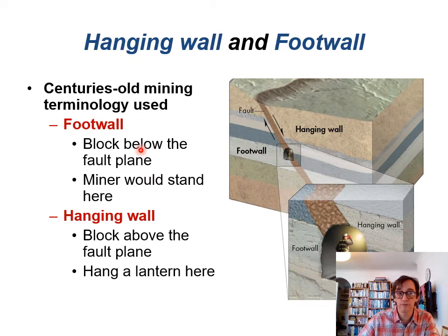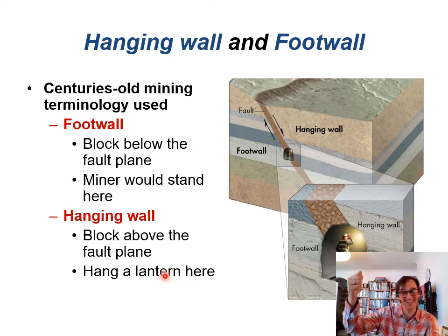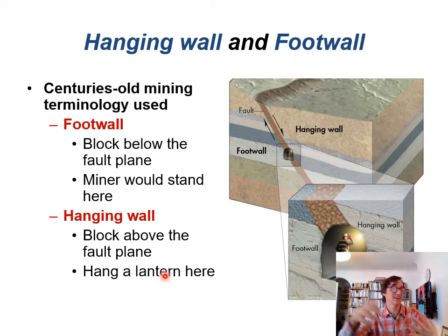The footwall block below the fault plane is where the miner would stand. It might be inclined, but that's where his feet would be. The hanging wall block above the fault plane is where he could literally hang a lantern, which I think is kind of cool to think about. That's where the terms are derived from.